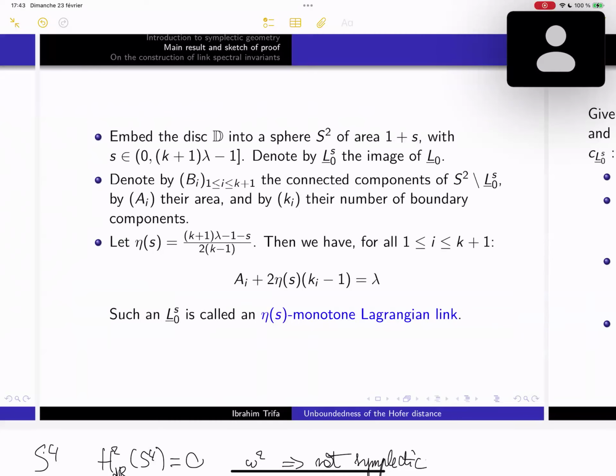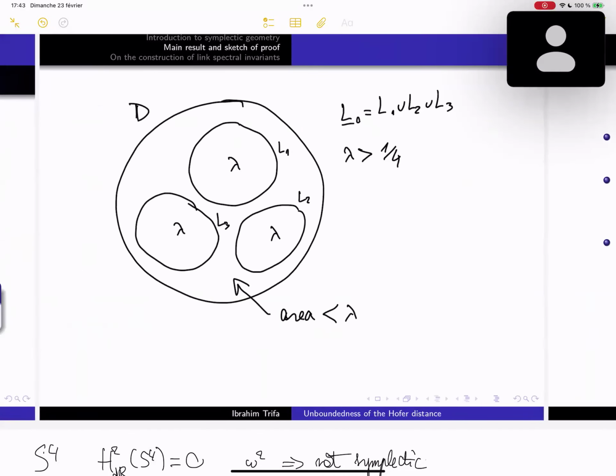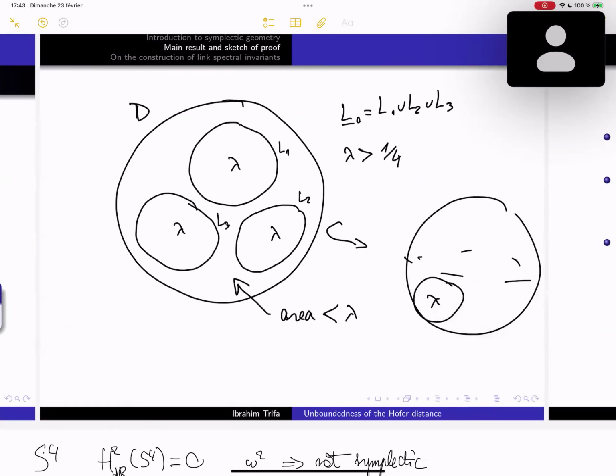Basically, we had this disk here, we're embedding it into a sphere. And so we have our disks of area lambda. And the condition on S is so that the complement still has area less than lambda.